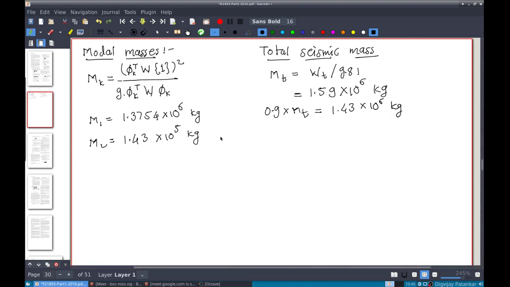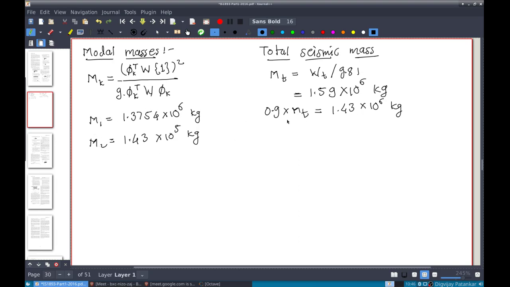So I need to take modal masses only up to that, such that it will cross 90% of this value. So if I take only the first modal mass, that is 1.37 into 10 to the power 6 kg, is it crossing 90% of modal mass? No, sir, it's not. What if I take M2 as well?